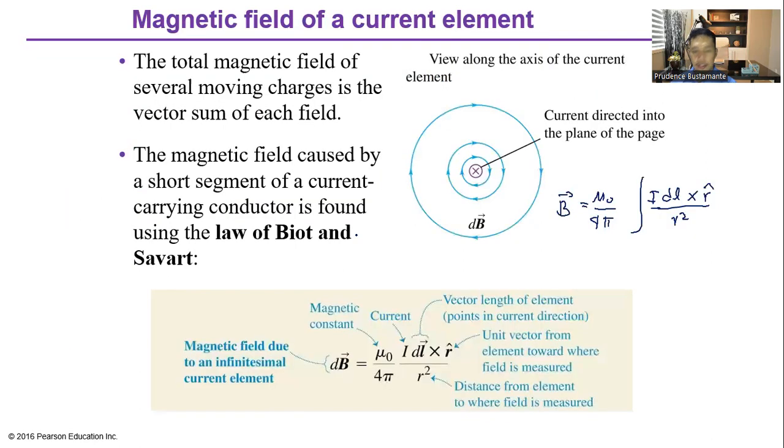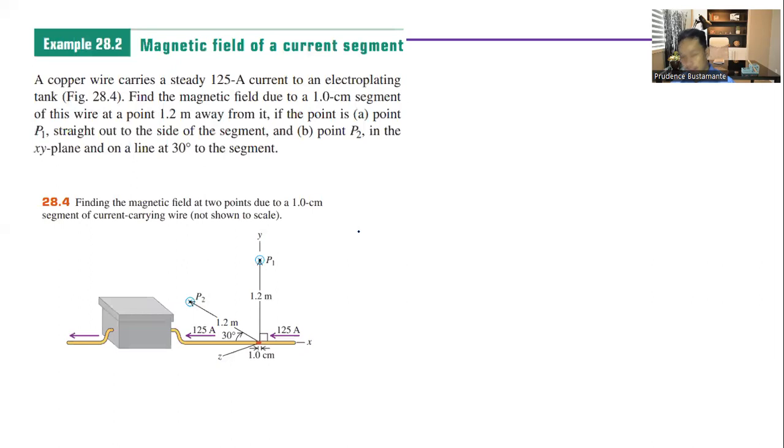So here, let's try to have an example for calculating the magnetic field of a current segment. You have a copper wire that carries a steady 125 ampere current to an electroplating tank.